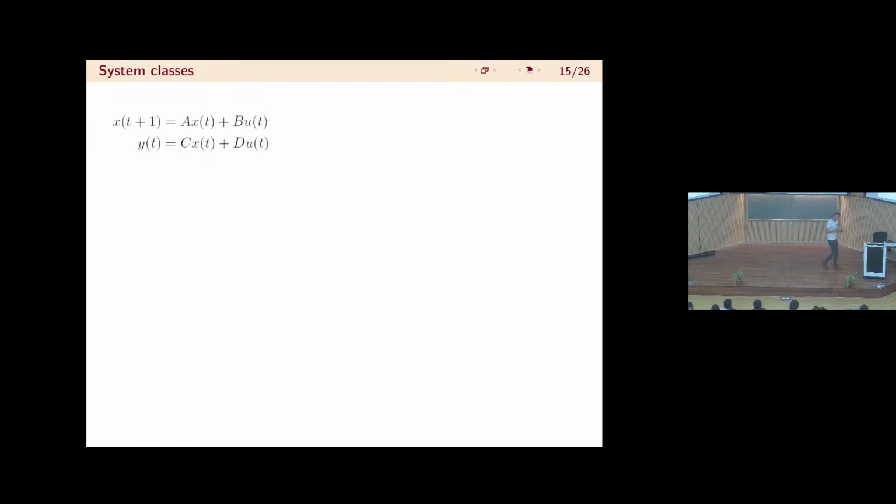Since this is a technical subject, I just want to remind you of some notation that we used. We identify state space systems A, B, C, D by these matrices A, B, C, and D. These are for systems of arbitrary state space dimension n, greater or equal to 0, but with a fixed number of inputs m and a fixed number of outputs p.